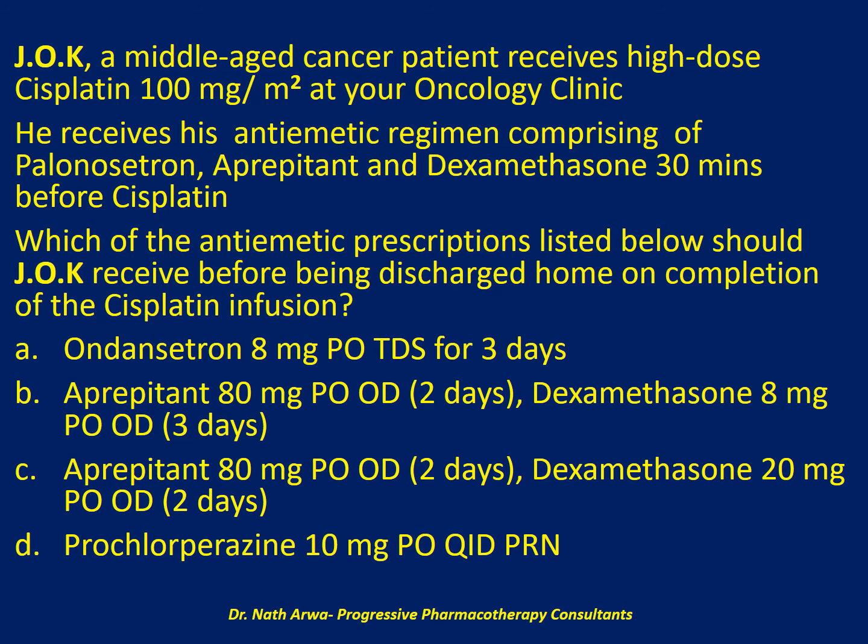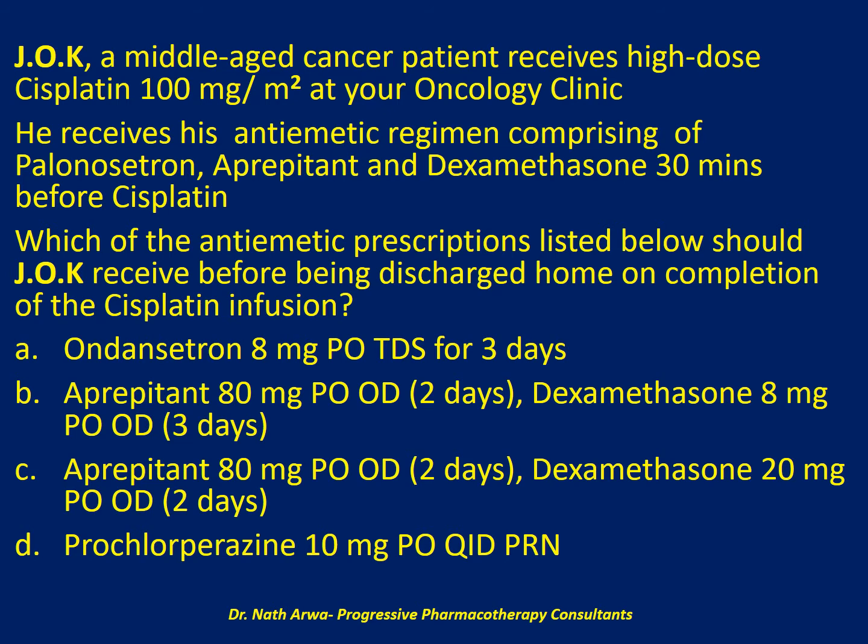Is it A, 8 milligrams of ondansetron taken orally thrice daily for the next 3 days? Or would it be B, 80 milligrams of aprepitant taken orally once daily for the next 2 days plus dexamethasone 8 milligrams taken orally once daily for the next 3 days?